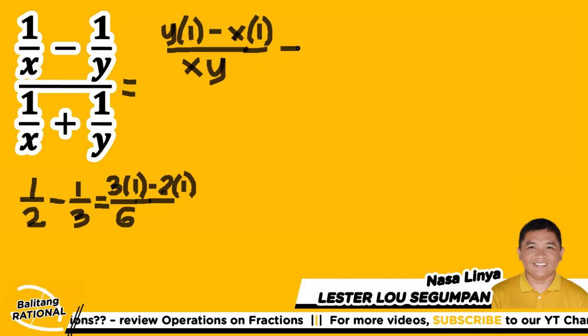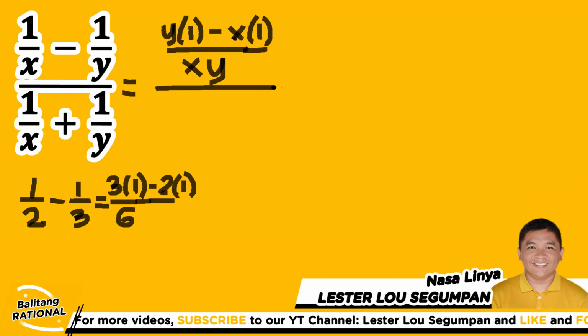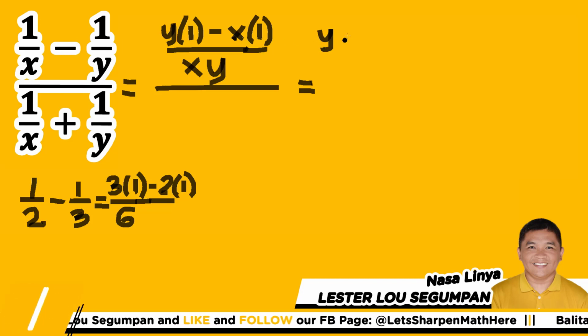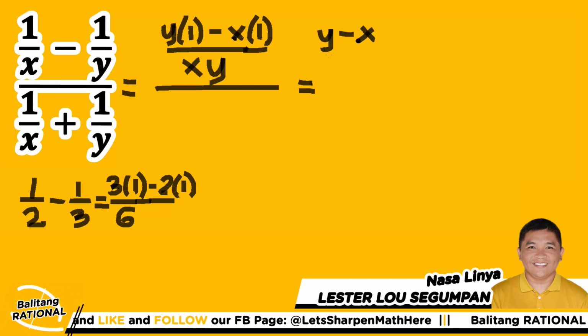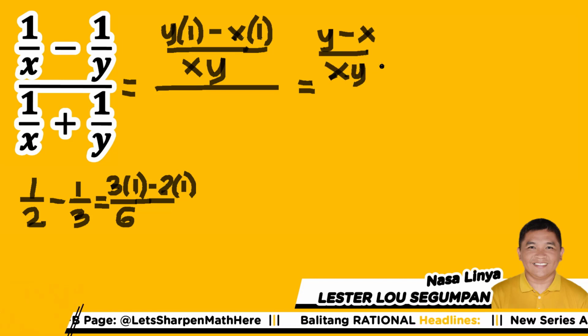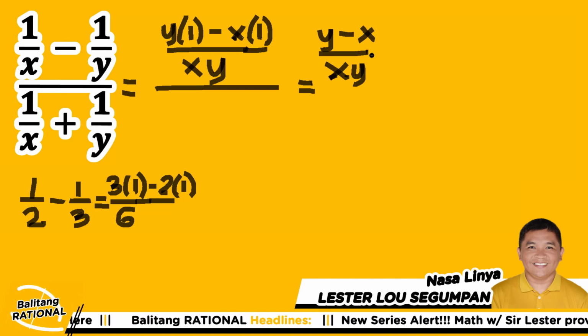In short, let's not write equality kasi nga we are just trying to simplify them. So this is still the entire rational expression. Mangyayari po dito sa ating numerator is y times 1 is just y minus x over xy. Di pa po tayo tapos. We just finished combining the rational expressions found on the original numerator.